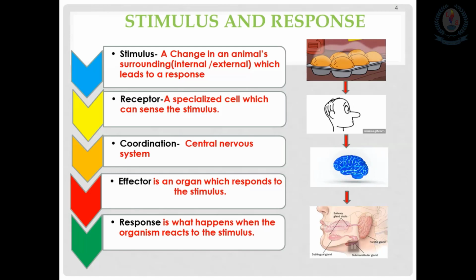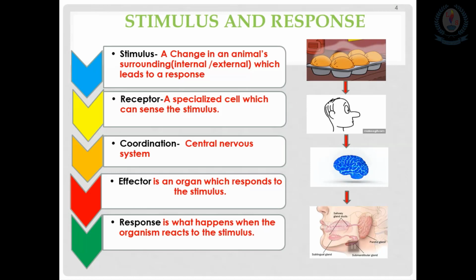So, a stimulus can be considered as a signal that you get. Organisms need to be able to detect these stimuli and respond to them very effectively. A receptor is capable of detecting a stimulus. Receptors detect a stimulus and send an electrical impulse down neurons to the central nervous system.